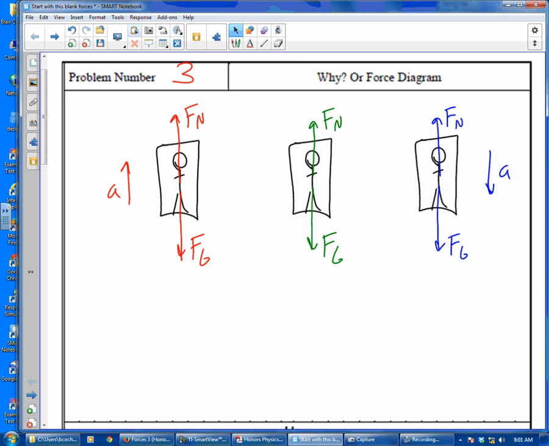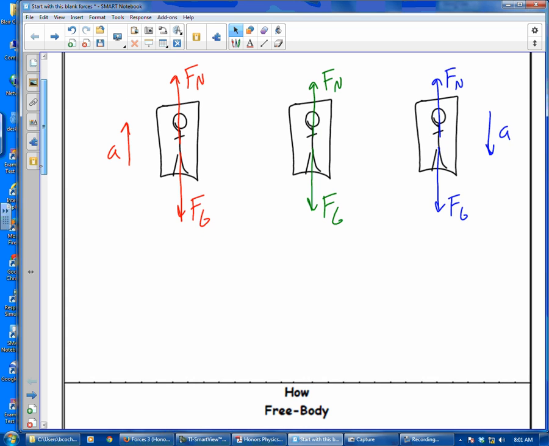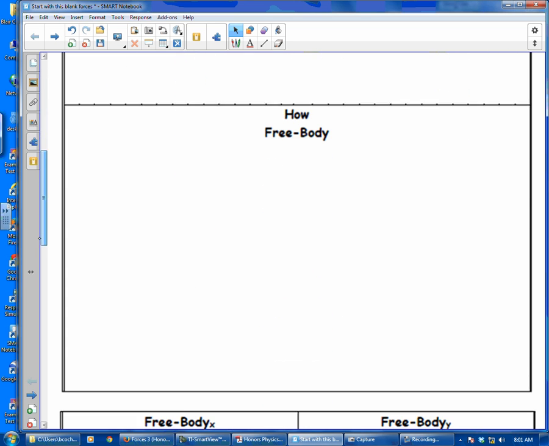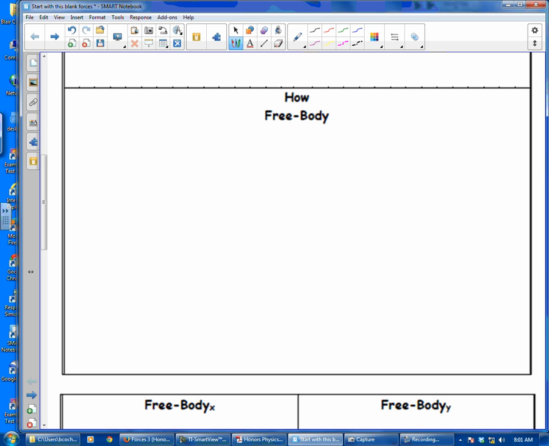And then you would follow those up with very similar free body diagrams, except, of course, getting rid of the wonderful drawing of the guy in the elevator. But they'd be very identical.